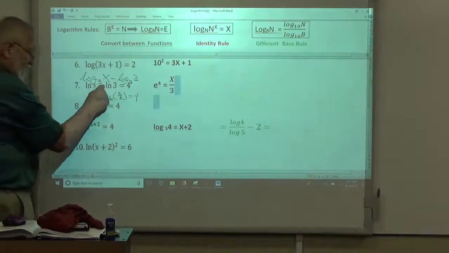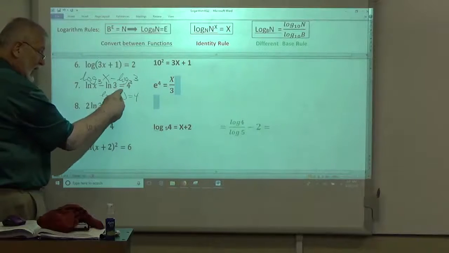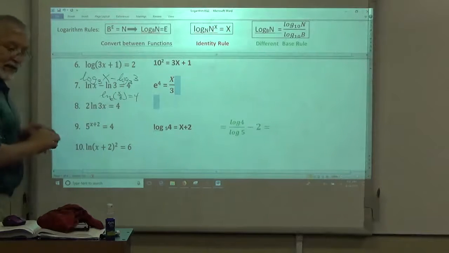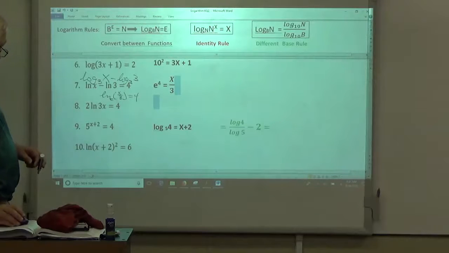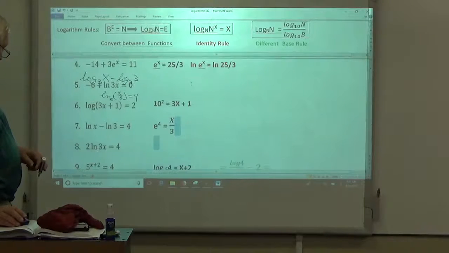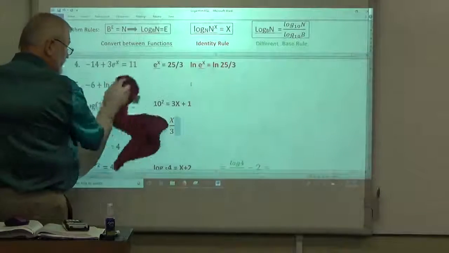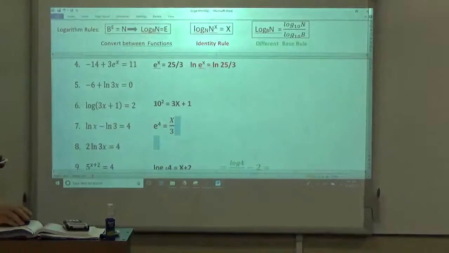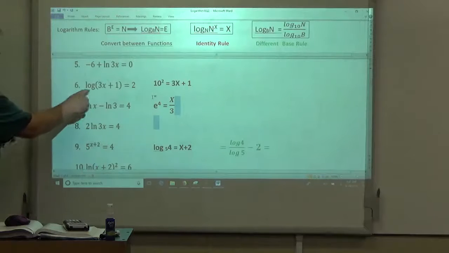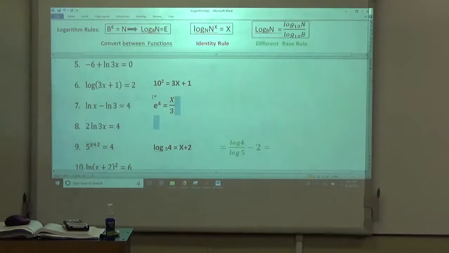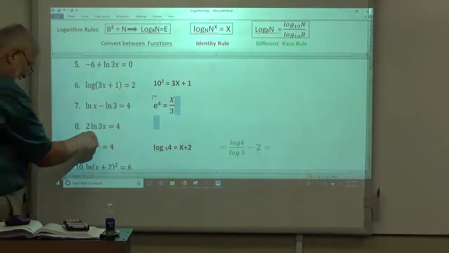So I would have 3 to the 4th power equals x divided by 3. Again, so what we did, let me go back here. What we did right here, because this is base 10, we said 10 to the 2nd power, right? You're going to do that with any of them.